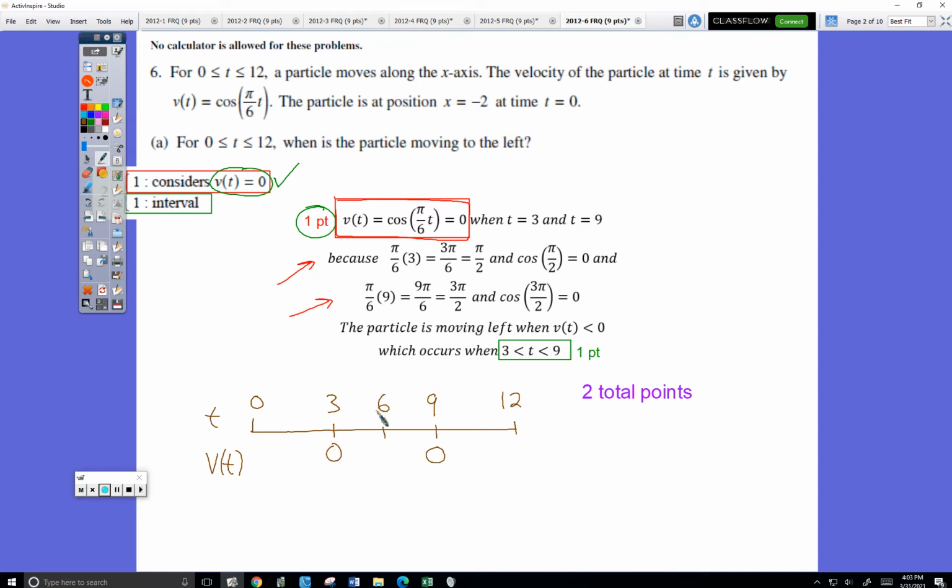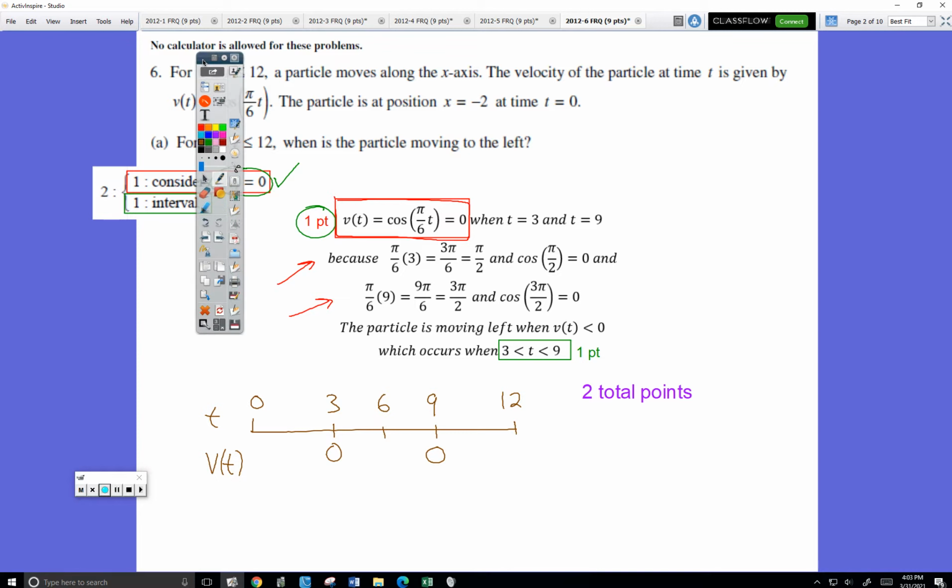So I choose 6, because that's pretty easy. The velocity at time 6 will equal cosine of pi over 6 multiplied by 6, which would equal cosine of 6 pi over 6, which would simply be the cosine of pi.